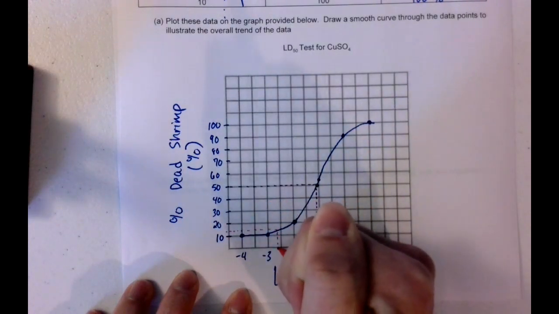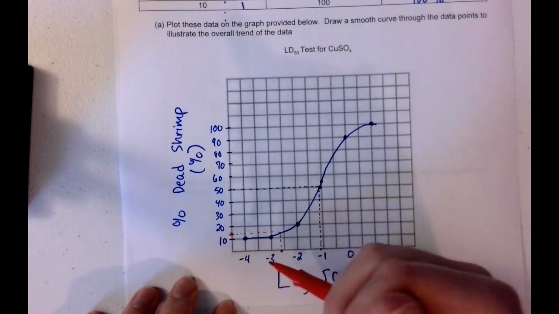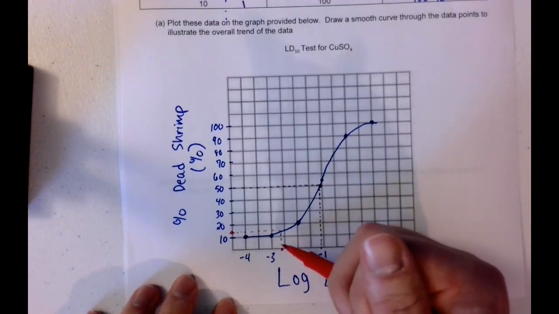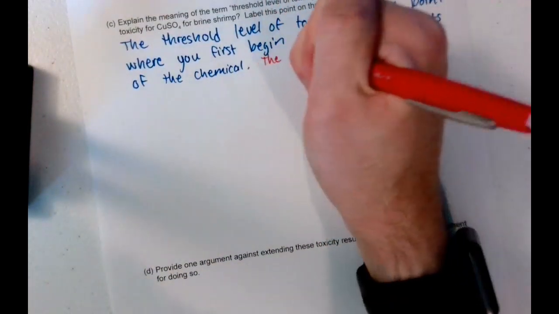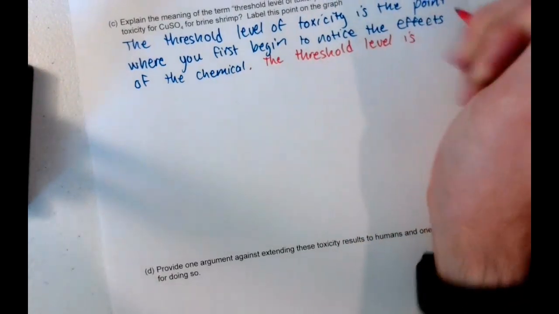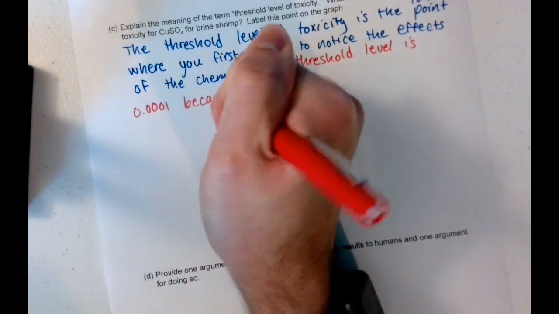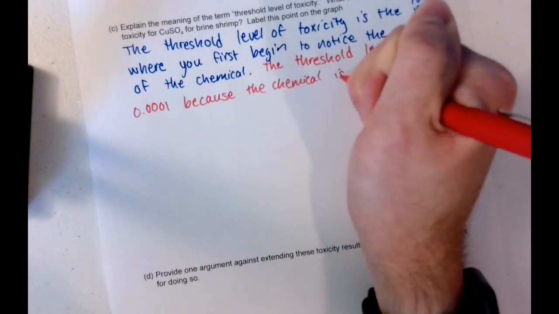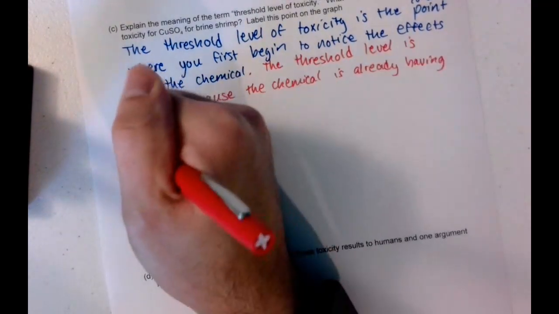There are two different answers I'll accept for this. You could say it's 0.0001, or you could say it's slightly more than this -3, which would be slightly more than 0.001. The threshold level is 0.0001 because the chemical is already having an effect.